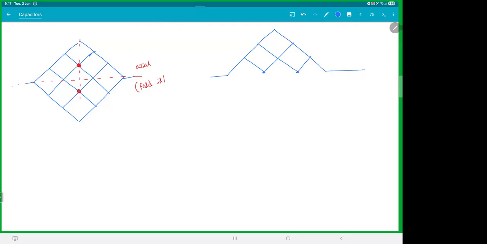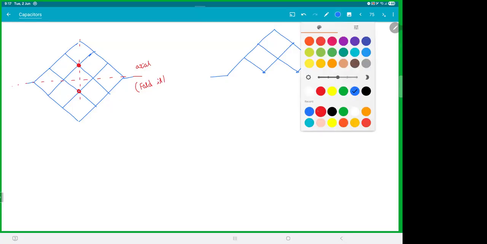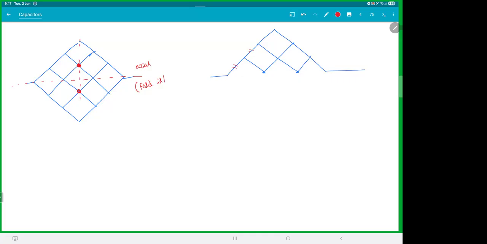Isn't this how it looks? And every capacitor will fall on one more capacitor, so all these will become 2C, 2C, 2C, 2C, 2C, and all are 2C.